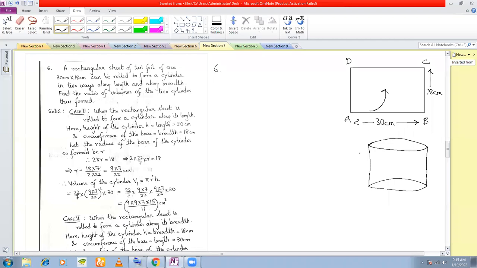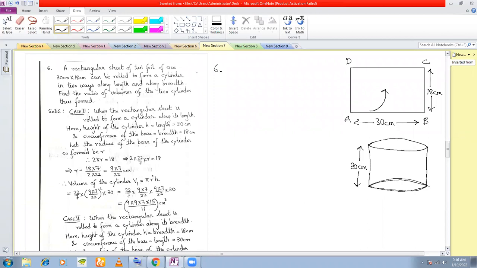This length 30 centimeter becomes the height of the cylinder, right? And the circumference of the base, that means this length here becomes this 18 centimeter here, right? So this circumference of the base is 18 centimeter because you are rolling it along the length.